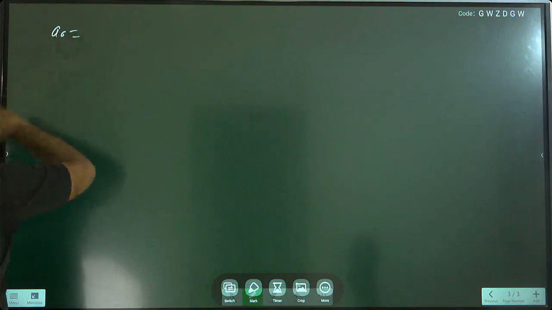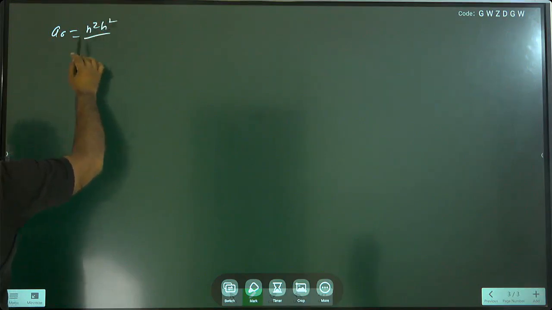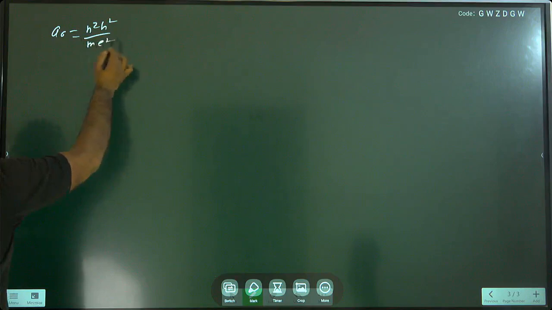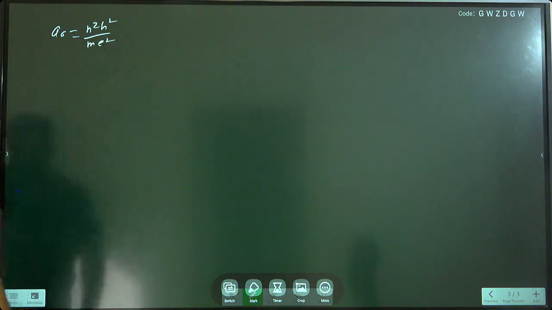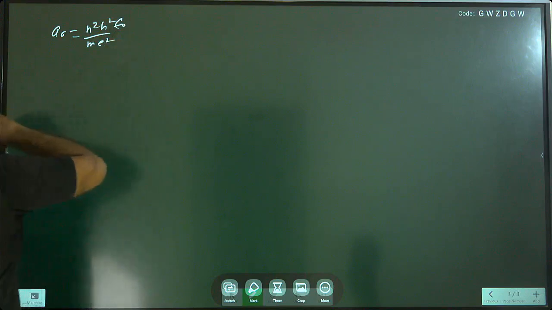Now r is equal to a naught. And simply, how can we write this a naught? See, a naught is equal to, what value did we have? This is nothing but n square h square upon how much, m e square. But sometimes we can substitute the h cross square value, sometimes we can use the h cross square value.